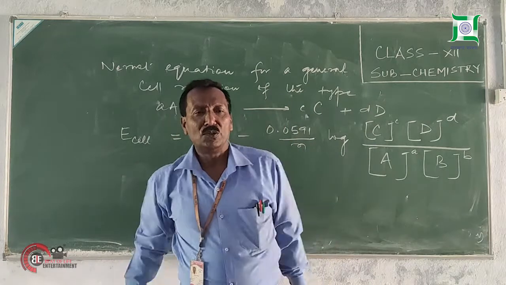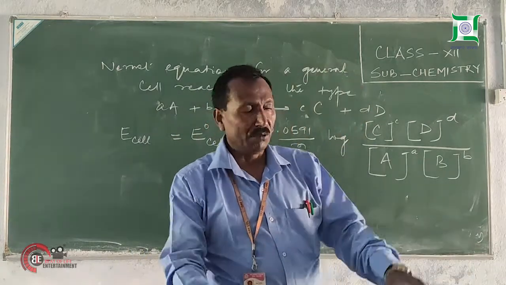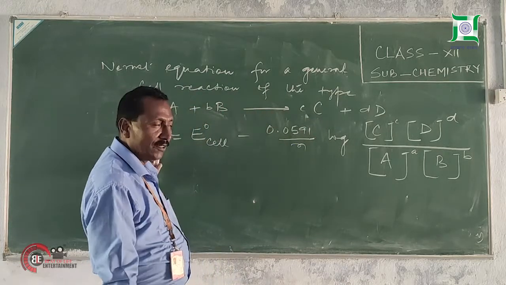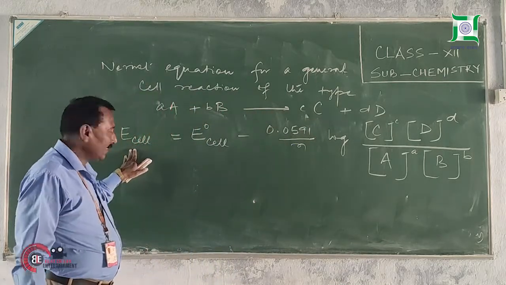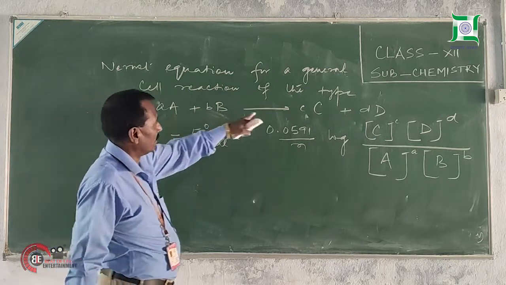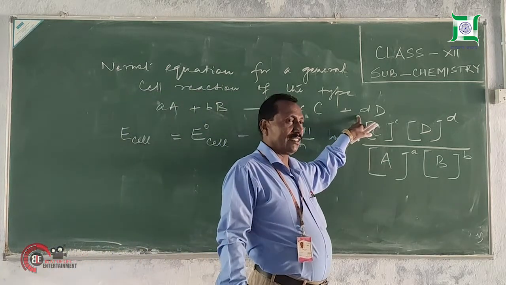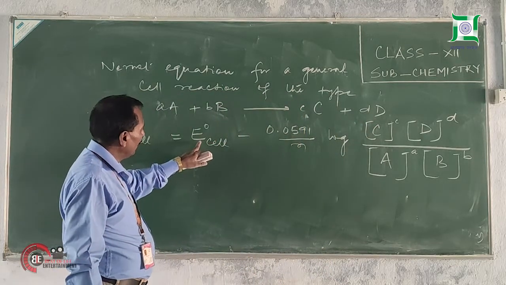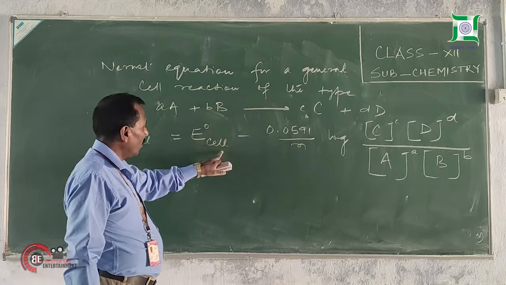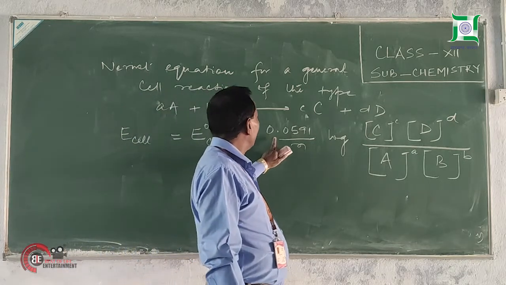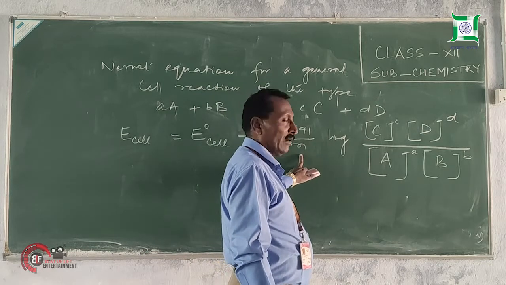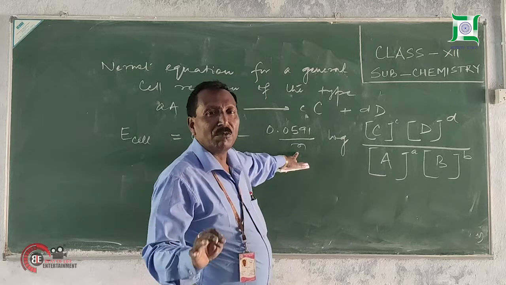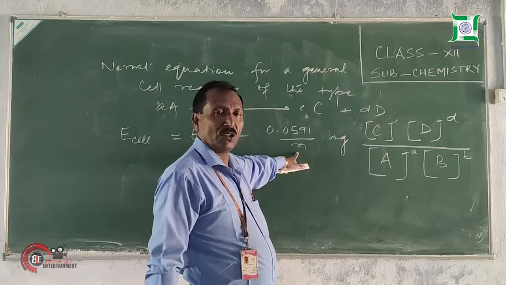So this you have already gone through in chemical equilibrium in class 11. Similar to that equation, we can write the Nernst equation for the given general cell reaction like this: E cell is equal to standard E naught cell minus 0.0591 by n. Here n is the number of electrons involved in the redox reaction.